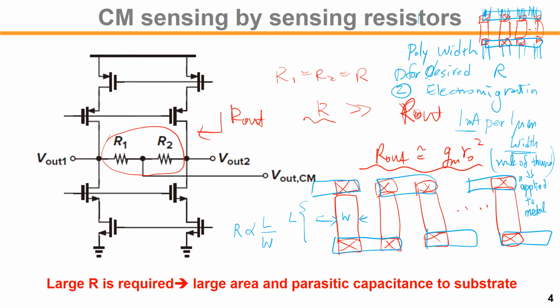Electromigration is something you have to consider when you determine the metal width, along with the resistor value you want to target.